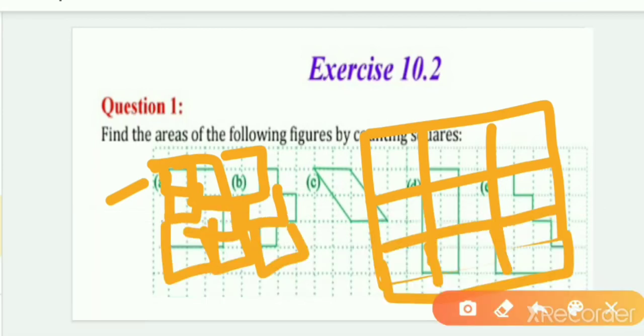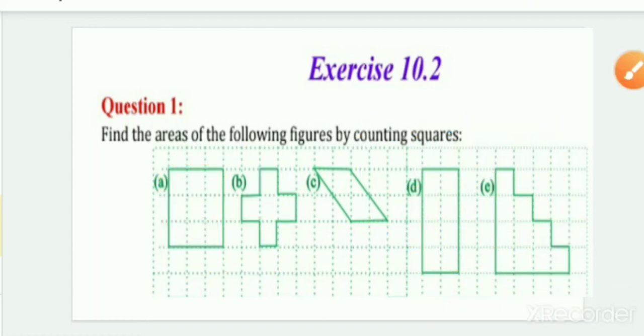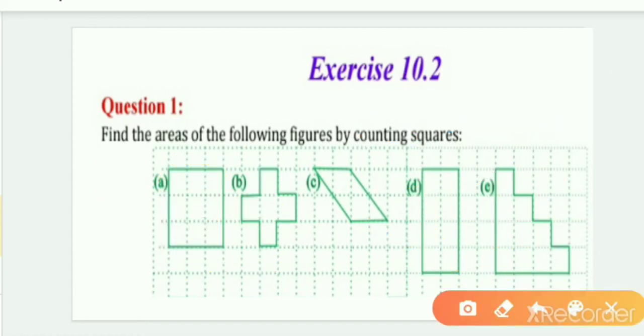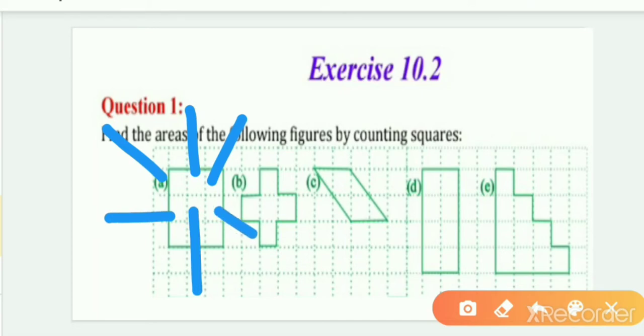In this figure it is given as dotted, so you have to observe yourself how many square boxes it forms. This is the first square box, this is the second, the third, the fourth, the fifth, the sixth, the seventh, the eighth, and this is the ninth. This figure has 9 square boxes.